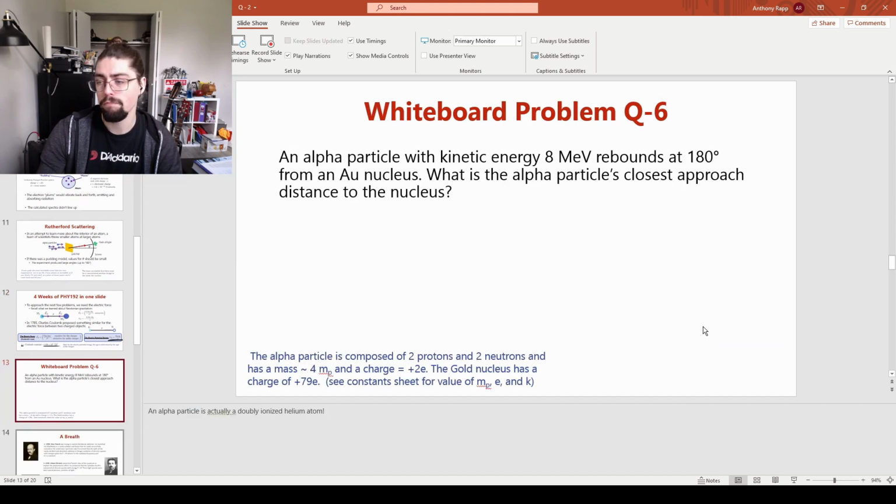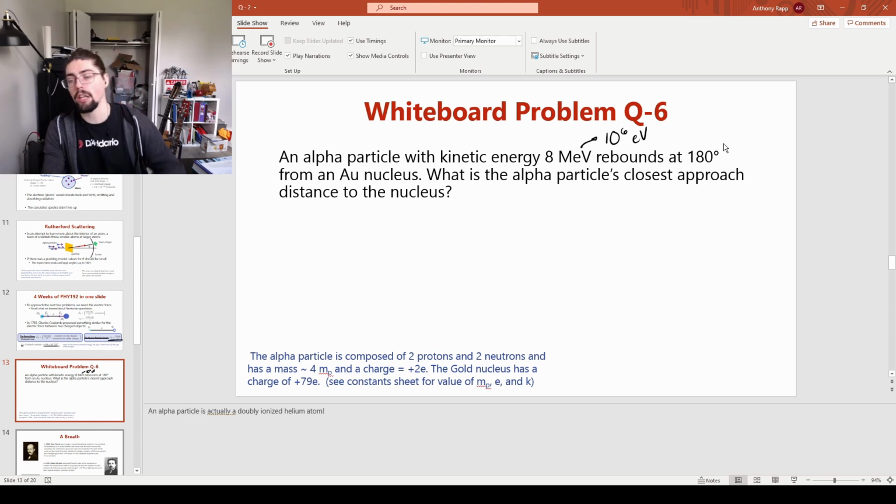An alpha particle with kinetic energy 8 mega electron volts, so that is 10 to the 6th electron volts, rebounds at 180 degrees from a gold nucleus. What is the alpha particle's closest approach to the nucleus?